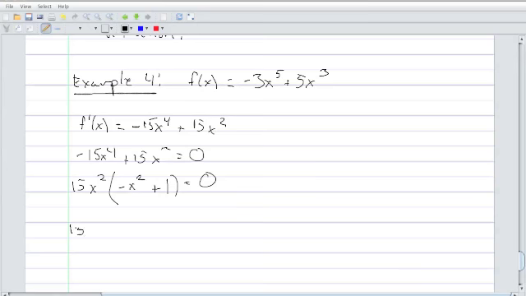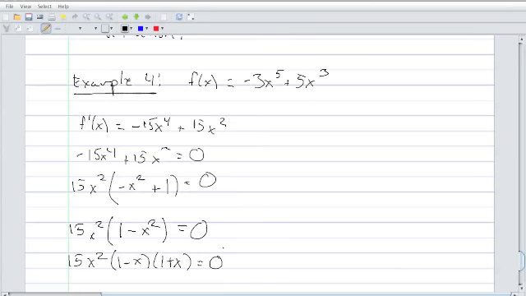This is 15x squared times 1 minus x squared equals 0. Notice this is actually a difference of two squares, so you can rewrite this as 15x squared times 1 minus x times 1 plus x. So this tells you when x is 0, x is 1, and x is negative 1, it'll make the function 0.